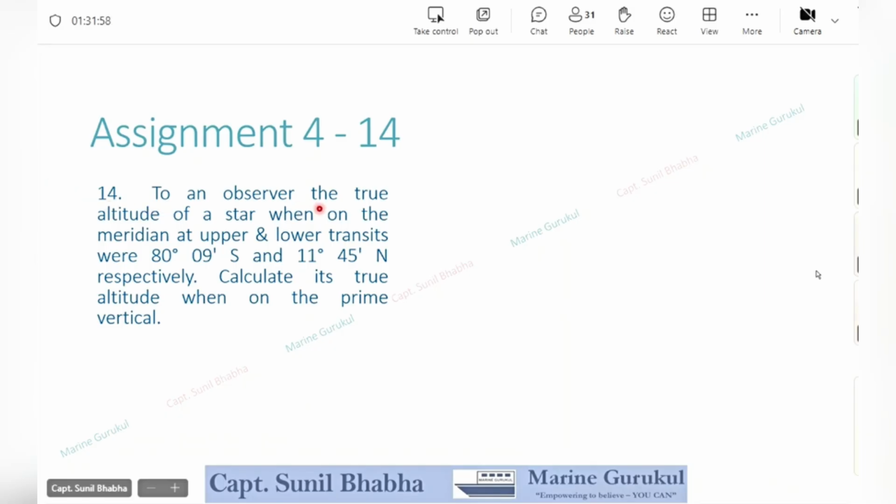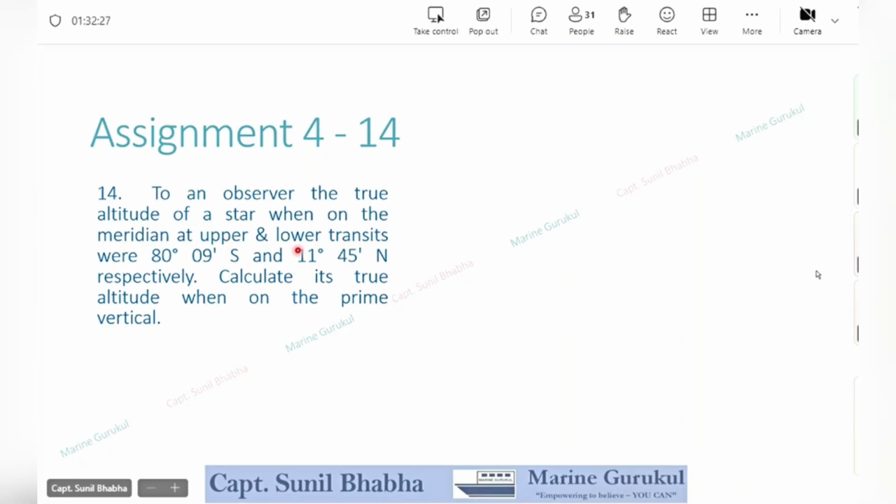To an observer, the true altitude of a star when on the meridian at upper and lower transits. Upper and lower transits tell us that this star is a circumpolar star. Only a circumpolar body transits twice in a day. Transit means it passes the observer's meridian, or it comes north or south of the observer 2 times in a day.